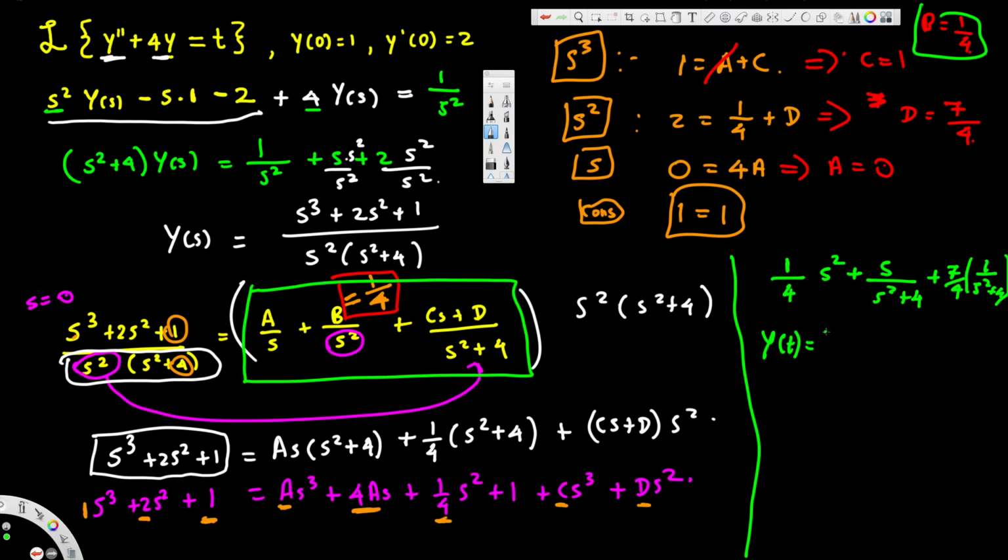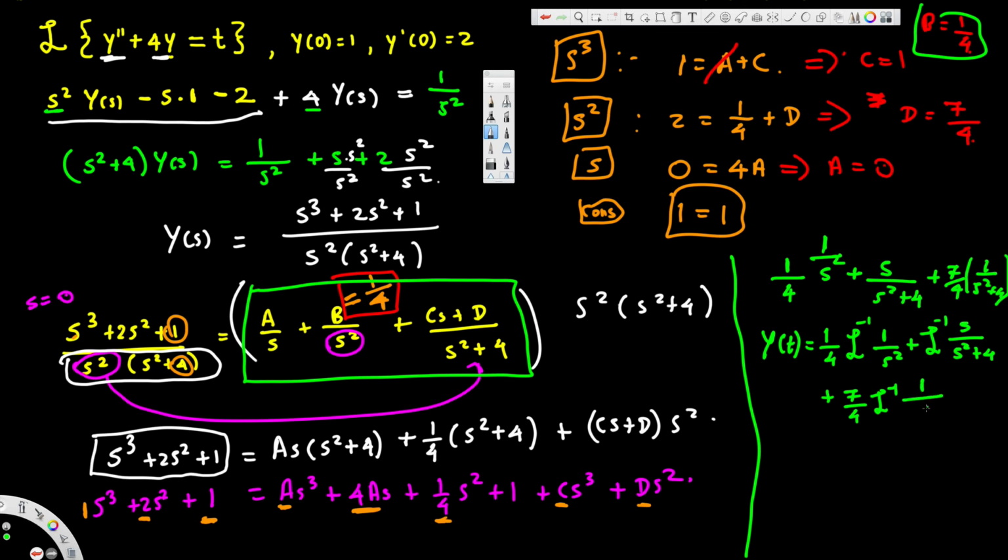Here I made a mistake, this s square is in the denominator, so 1 over 4 Laplace inverse of 1 over s square, plus Laplace inverse of s over s square plus 4, plus 7 over 4 Laplace inverse of, instead of s square plus 4, we can write it as 2 square.